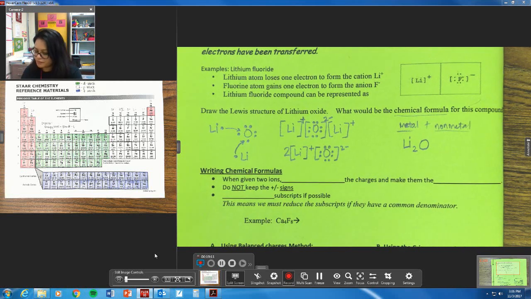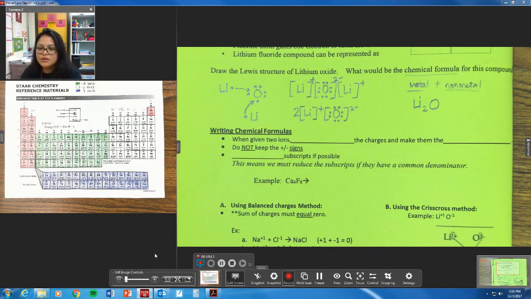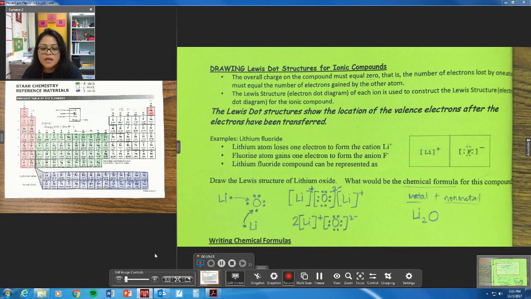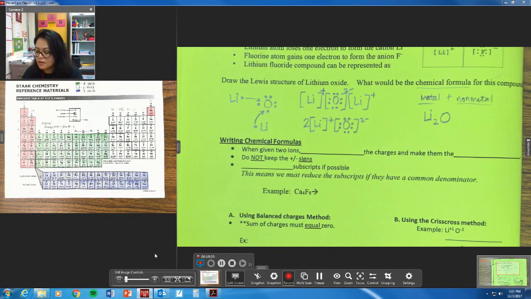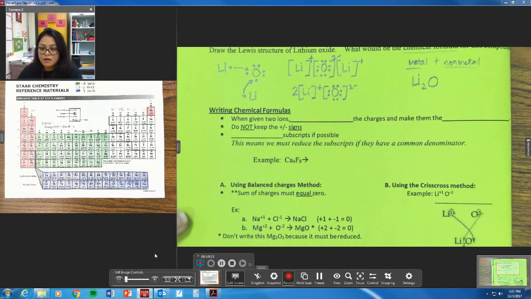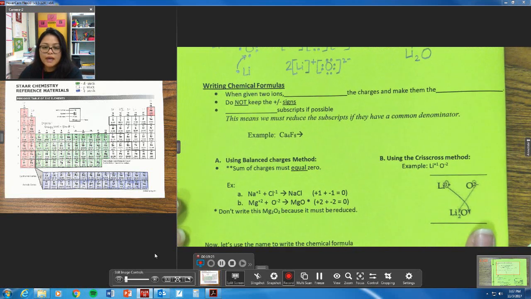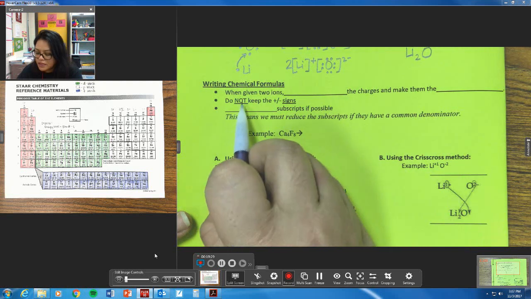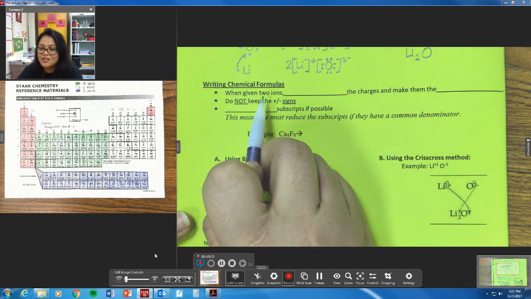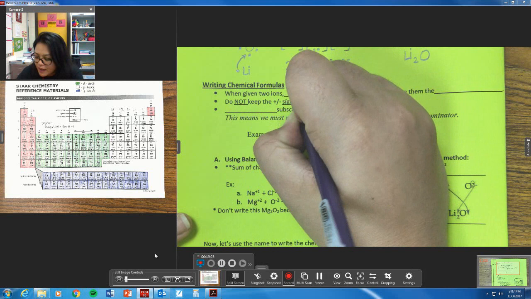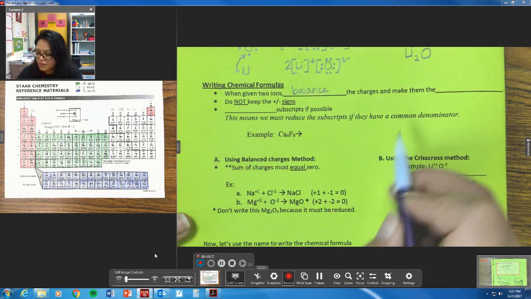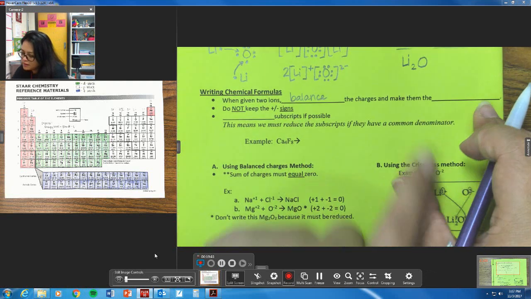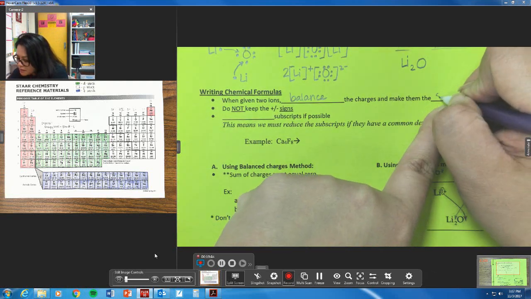Alright, now that you know how to draw Lewis dot structures for ionic compounds, and you know how to name ionic compounds as well, now we're going to write our chemical formulas. When given 2 ions, you have to balance the charges and make them the subscripts.